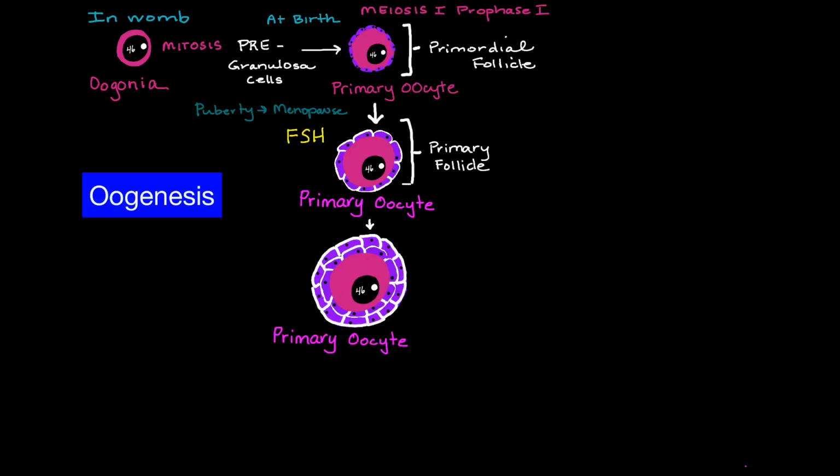Remember, this is still a primary oocyte because 46 total chromosomes. When we see two rings of these cuboidal cells, we now call the follicle a secondary follicle. As long as you have two or more rings around the oocyte, it's a secondary follicle. And because we have two rings of cells, the cells that comprise the follicle are now called granulosa cells.